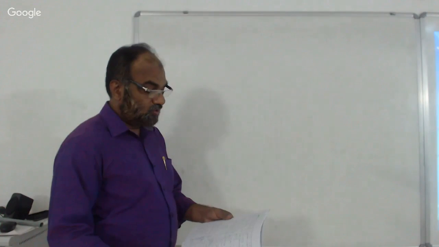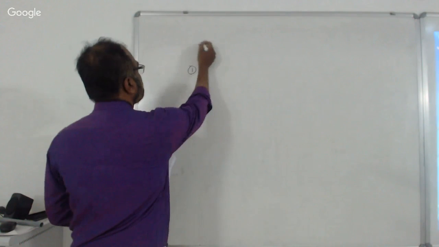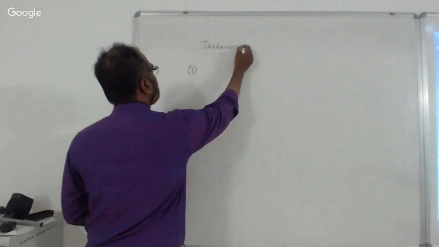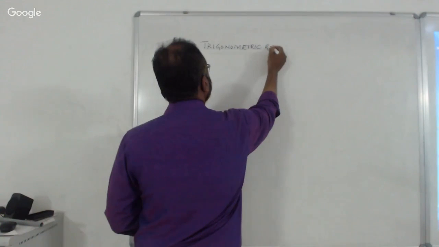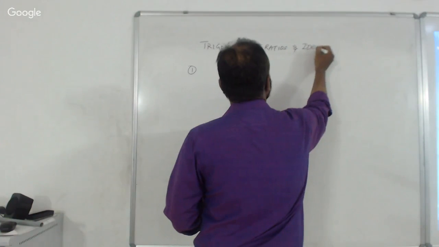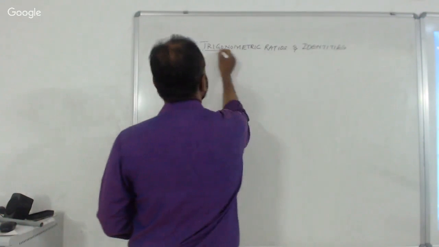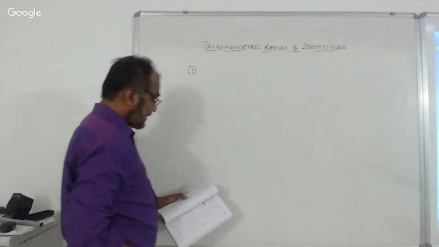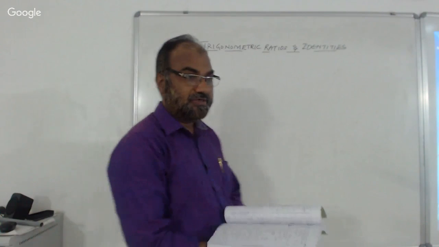One of the homework problems: you find sine of alpha plus beta. We had a question in homework like sine of alpha plus beta is 1 and sine of alpha minus beta is 1 by 2.